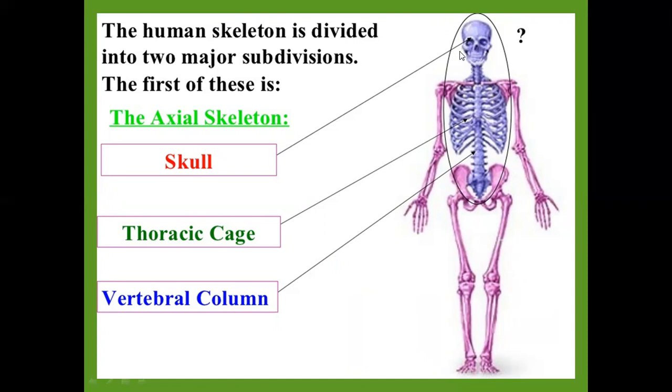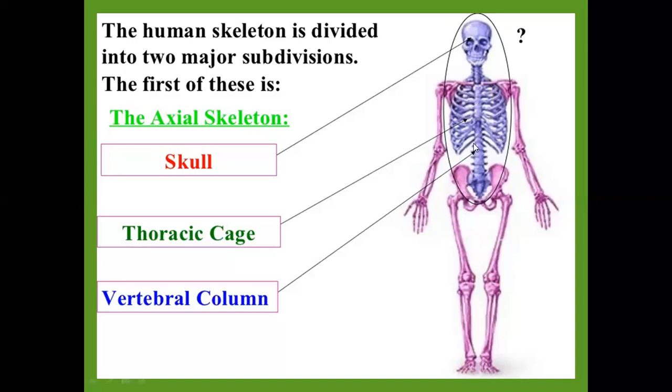Then there are the ossicles, meaning 6 bones of the ears, and the neck bone called the hyoid bone. This one is present in the neck.